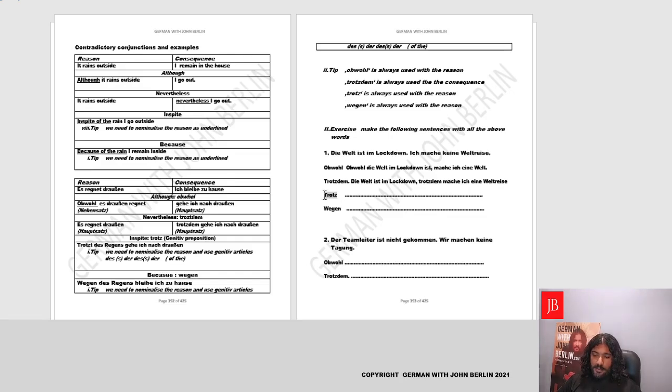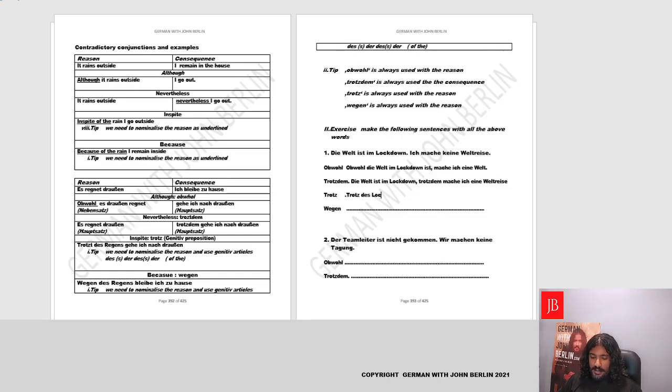Now here we'll be using trotz. It's a genitive preposition. It's always used with the reason. The reason is the world is in lockdown. So we could say in spite of the lockdown in the world. So trotz des Lockdowns, we have des, there. Yes, genitive articles written above. We can use them.